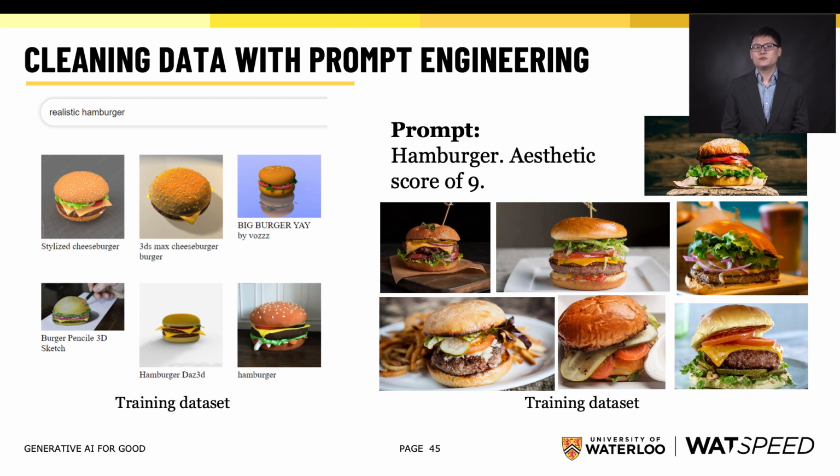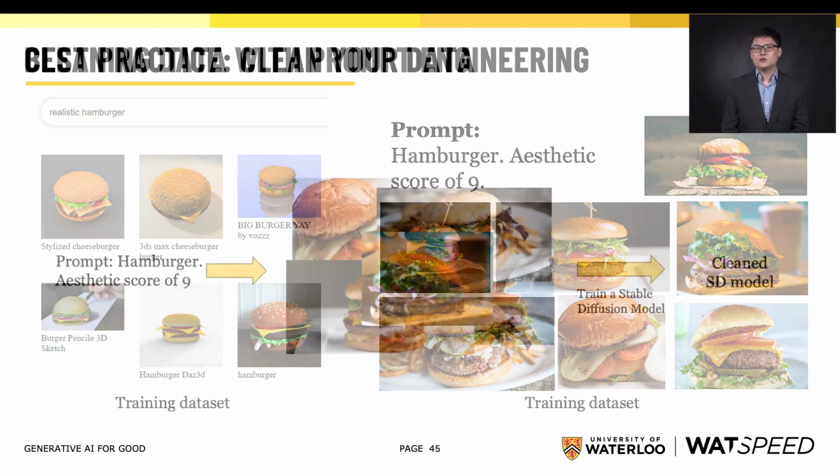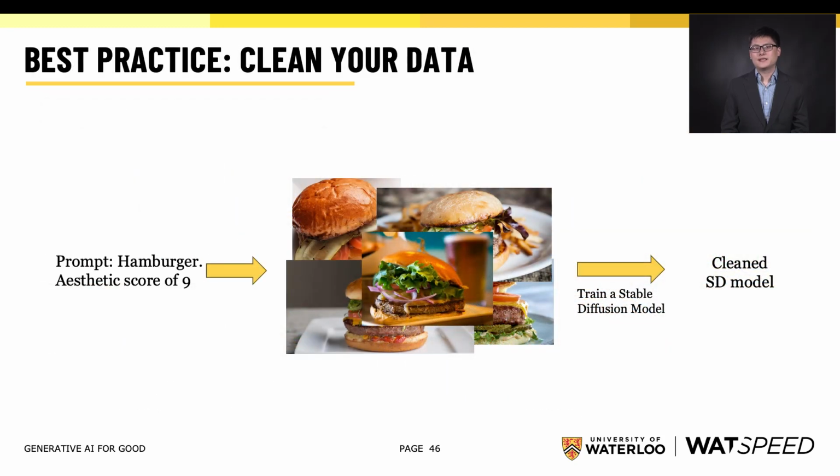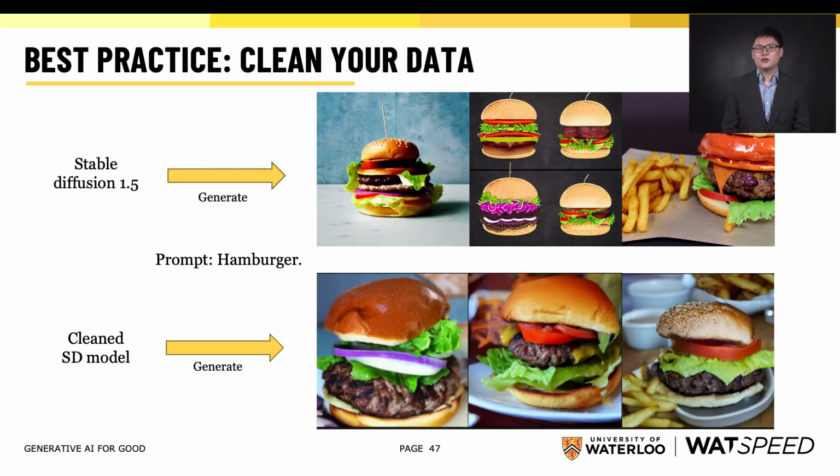So instead of using "realistic burger" as our prompt, we use "hamburger aesthetic score of 9" to collect a new dataset to train our Stable Diffusion model. Here are the results. You can see on the top row, if we don't use this cleaning technique, the model sometimes generates images that are not usable for nutrition estimation. And in the bottom row, with this cleaning technique, we are able to generate realistic burger images.